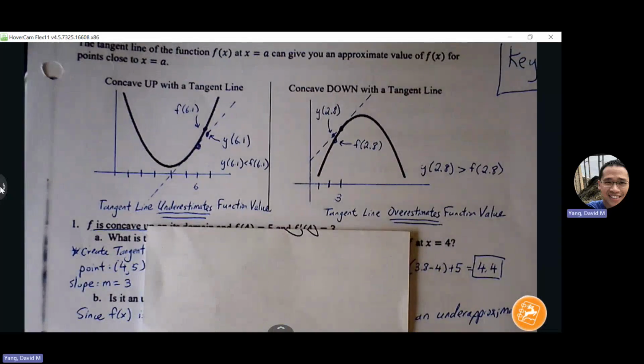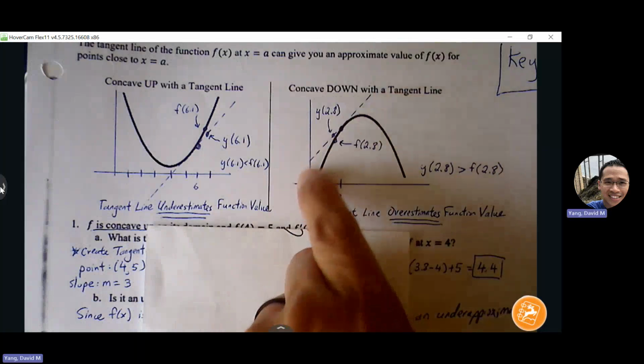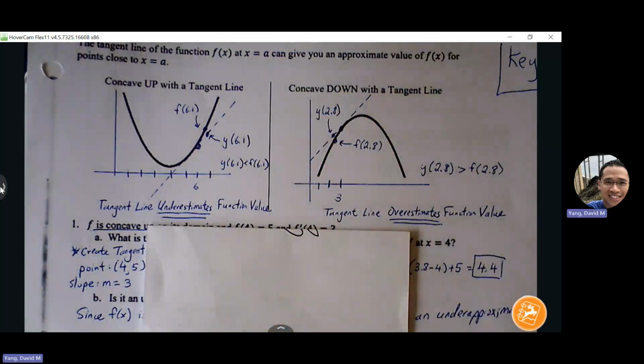What if I had a graph that is concave down? Then my tangent line is always going to sit above the curve, and my tangent line is always going to give me an approximation that is higher than the actual value.